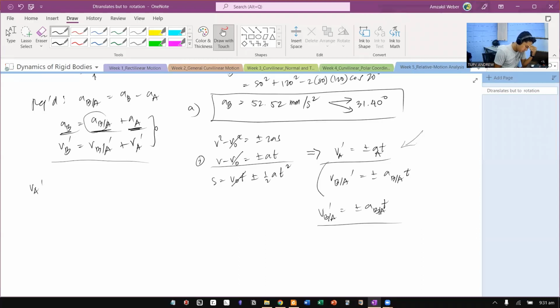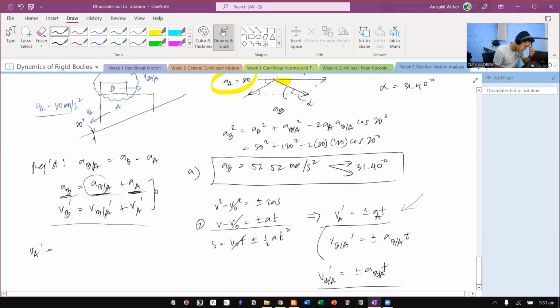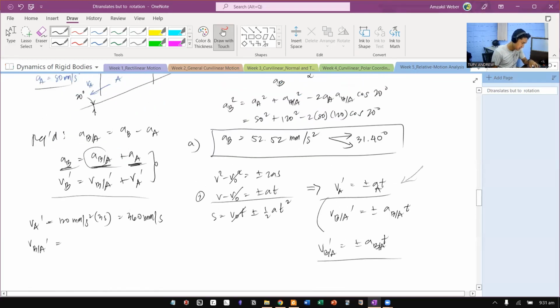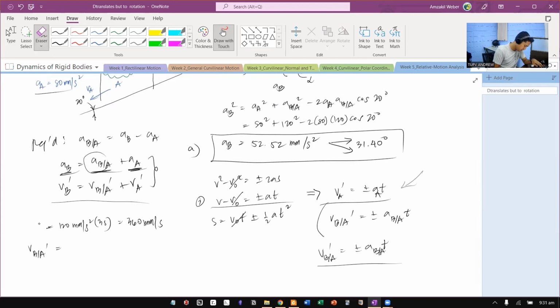Okay, so VA prime equals, using plus, 120 times 3 seconds, which equals 360.